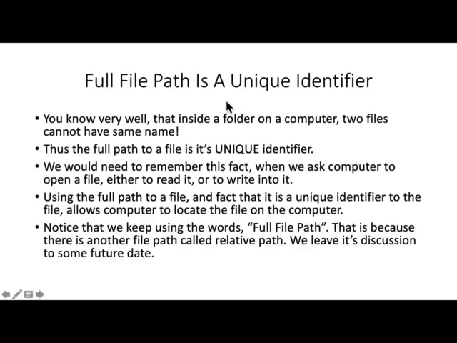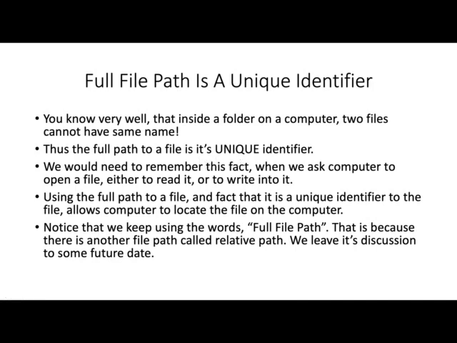And it's very important to know that the full file path is a unique identifier for a file. You know that very well: inside a folder on a computer, two files cannot have the same name. Try it, it's not going to work. So the full file path to a file is its unique identifier.